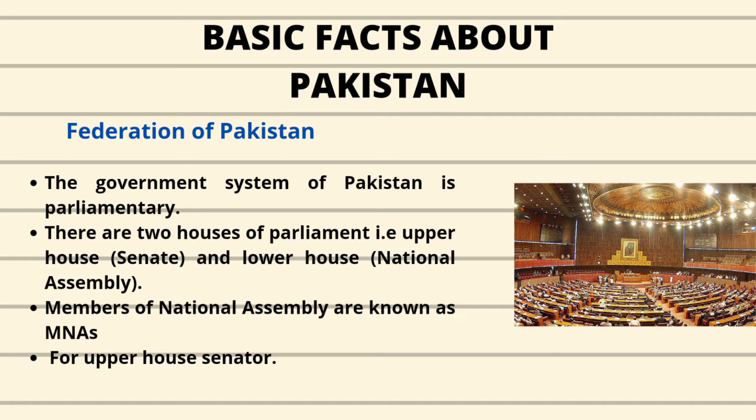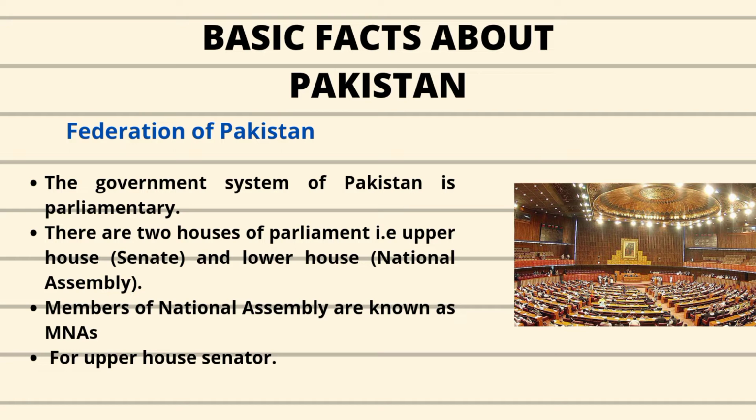Up to here, you must revise this point on the slides. The government system in Pakistan is the parliamentary system. Most of the nations have adopted this parliamentary system, and there are two houses of parliament.